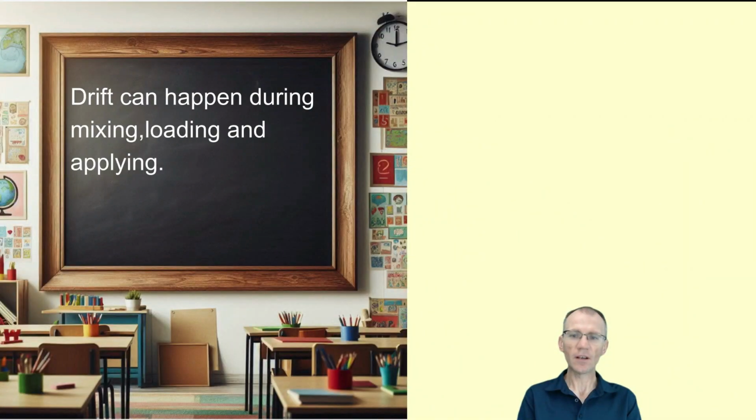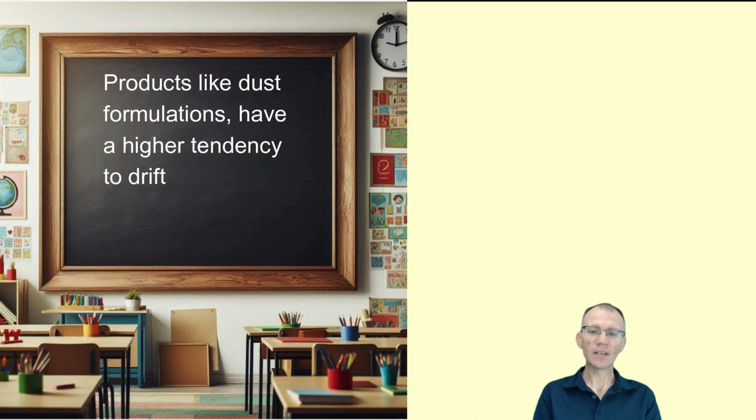Some key points here: people who mix, load, and apply pesticides outdoors are usually aware of how easily pesticides may drift. I'm just going to use an example. If you have a dust product and you try to mix it outside and you pour that dust into a puff duster bottle or something like that, you're going to see that dust disperse up into the air.